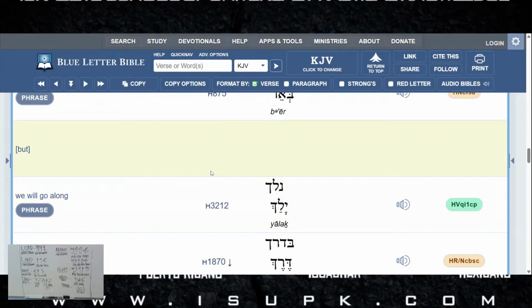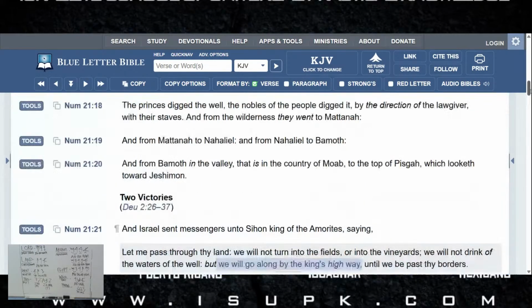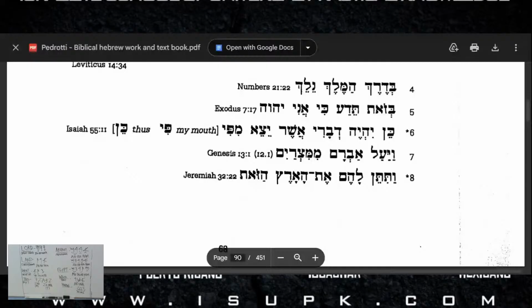It was saying, we won't stop by the waters of the well, by the king's highway will we go. Right? It was just added. The but there was assumed. So now let's go back and continue. We won't spend too much time on it, but that's the breakdown for that one. We got 4 more to go.